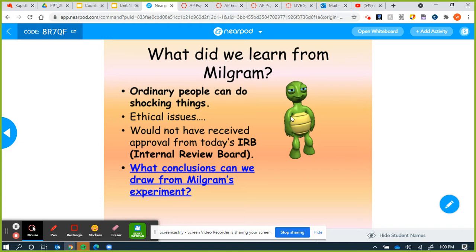A lot of ethical concerns with Milgram. It says on here that it would not receive approval. It actually does receive approval still, but they changed some stuff. Most notably, one of the biggest ethical issues was that Milgram did not want it getting out into New Haven, which is relatively small, I think, that the person was not getting shot.